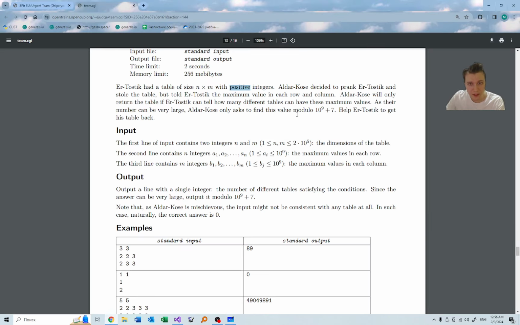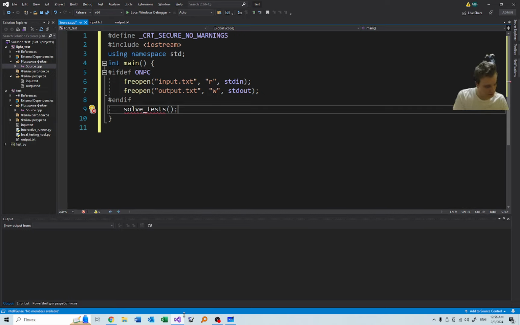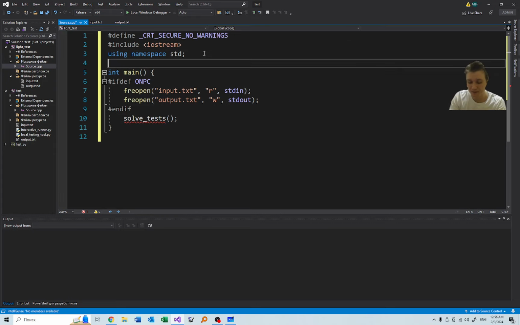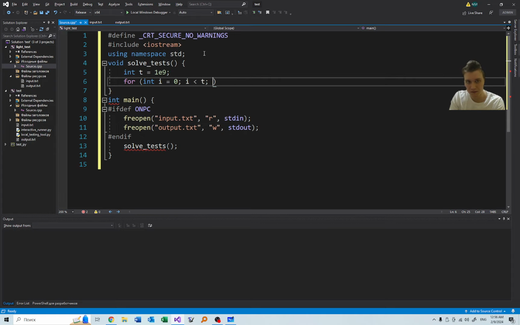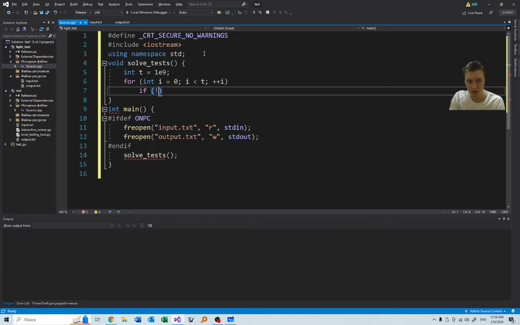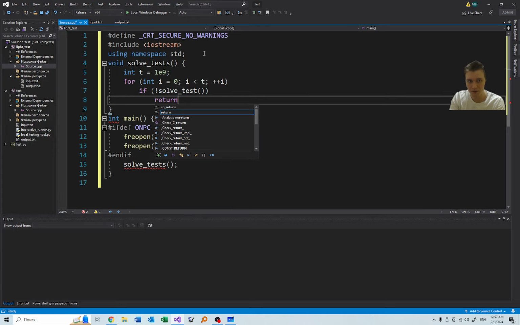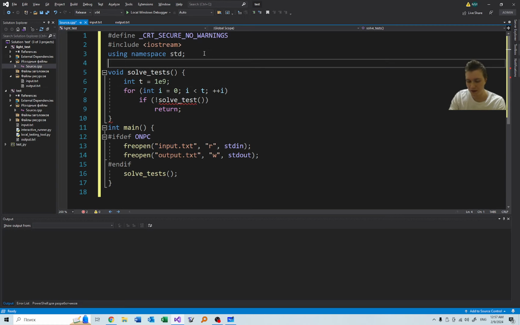Actually, there is no multitest here, however we will turn it on in order to simplify our testing. So we're going to say int t equals 29. If not solve test, return, and here bool solve test.